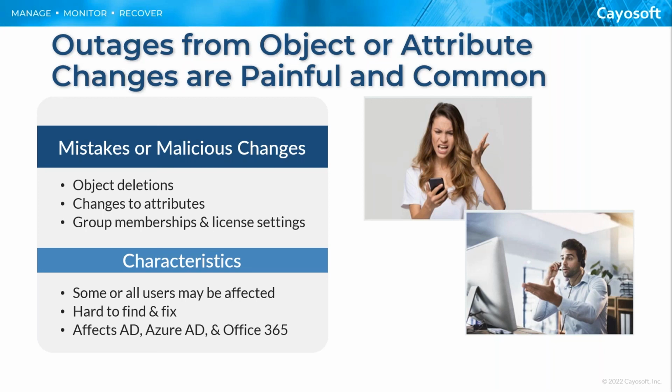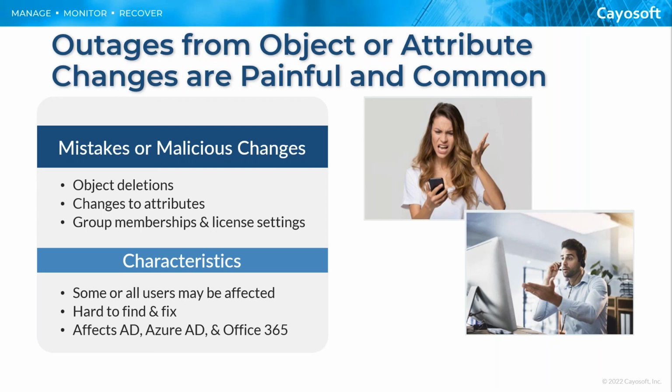So even those types of things should be looked at very carefully, and you need some way to roll those back. And remember, we're talking about object changes, not deletions. So you have the recycle bins that you can do, but keep in mind that object attributes are not covered by a recycle bin. And most of the mistakes or malicious changes to the data are done to attributes.